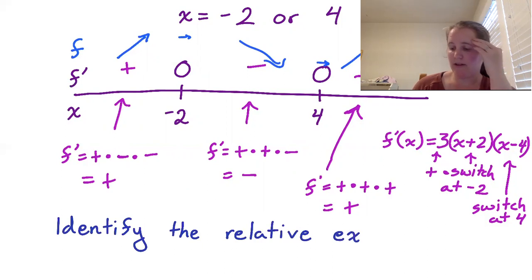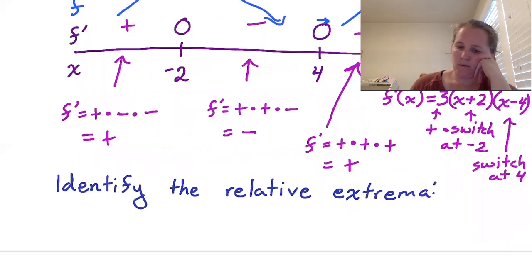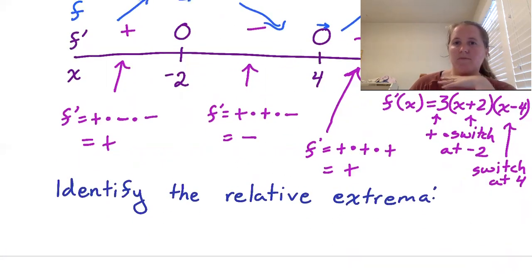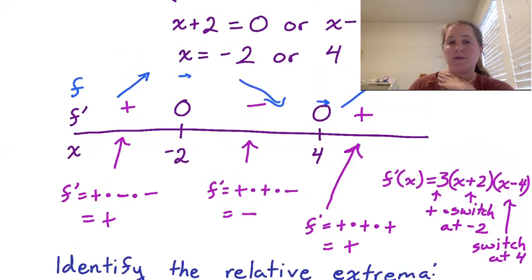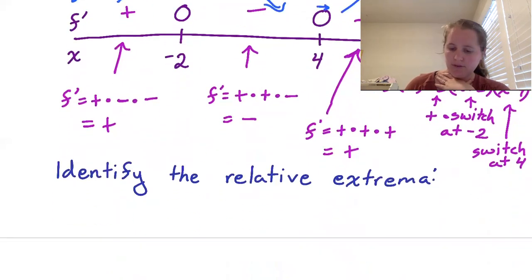Identify the relative extrema. Well, we know based off of just our picture here, we know that at -2, we're going up and then turn around and back down. So we should have a relative max at -2.